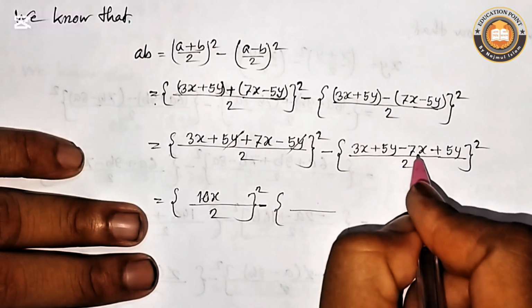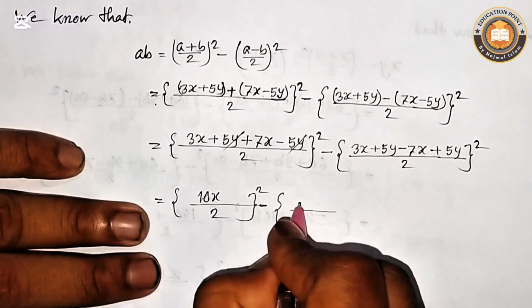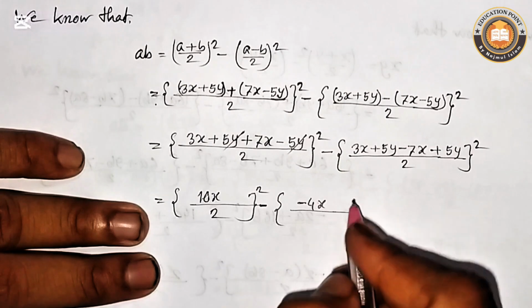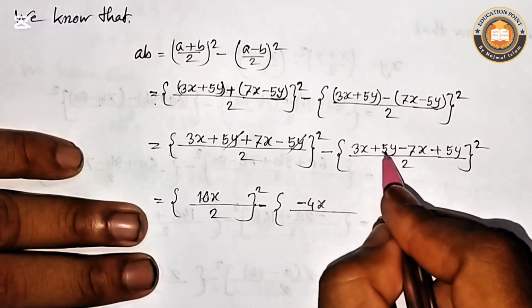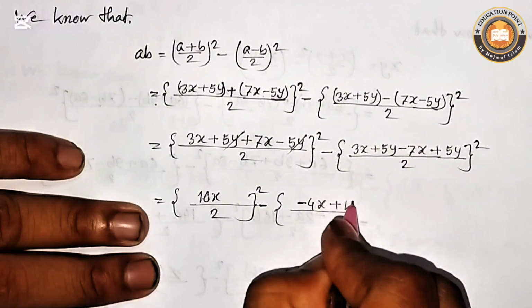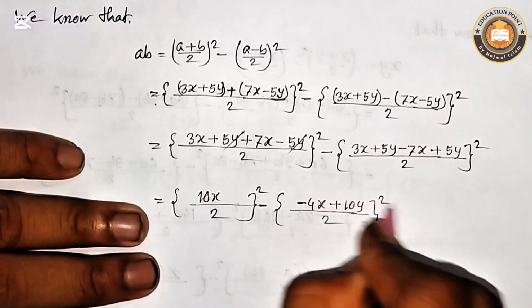Here subtracted value of 3x minus 7x equal minus 4x, then added value of 5y and 5y equal plus 10y, by 2 whole square.